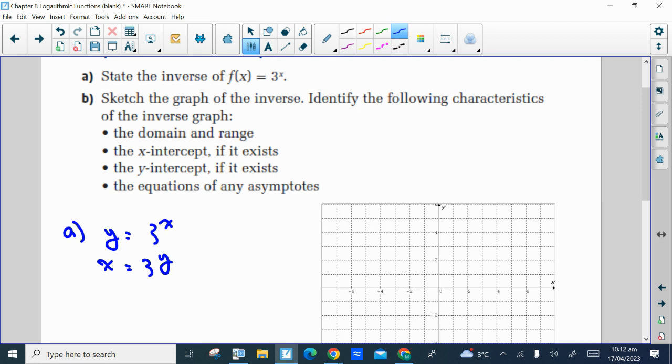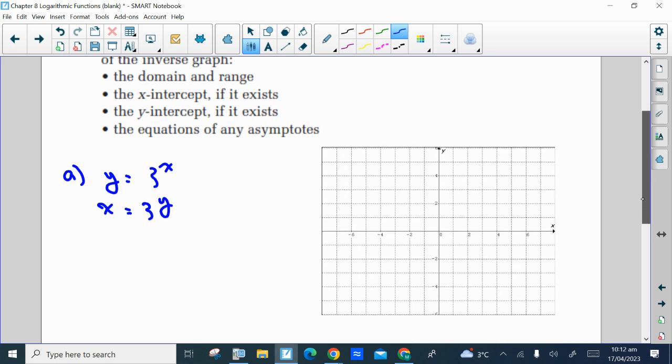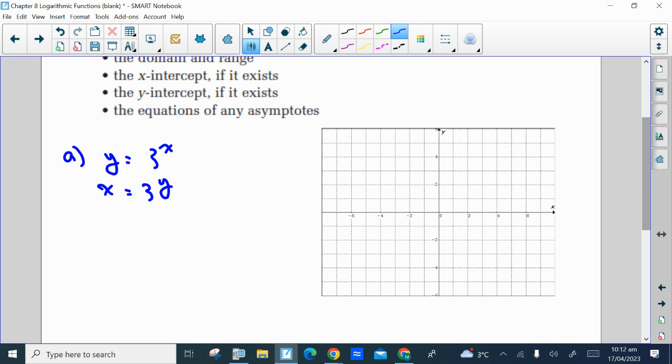That is one form of the equation of the inverse. You also should remember that when you want to write an equation of the inverse, we always put it in the form y equals. So you have to get y by itself here. And there's no mathematical step that you can do to get y by itself, meaning you can't take the y root of both sides. That's not going to help you.